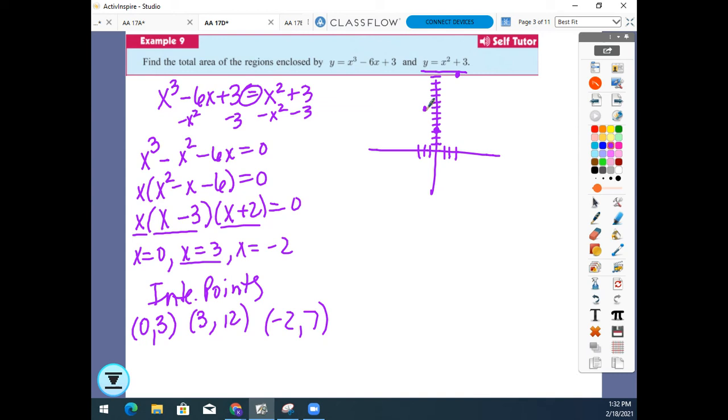Okay, so for this whole x squared plus 3, do you see this is just a parabola up 3? So it's really just that parabola right there. All right, so my cubic, then, I've got to hit all these points.